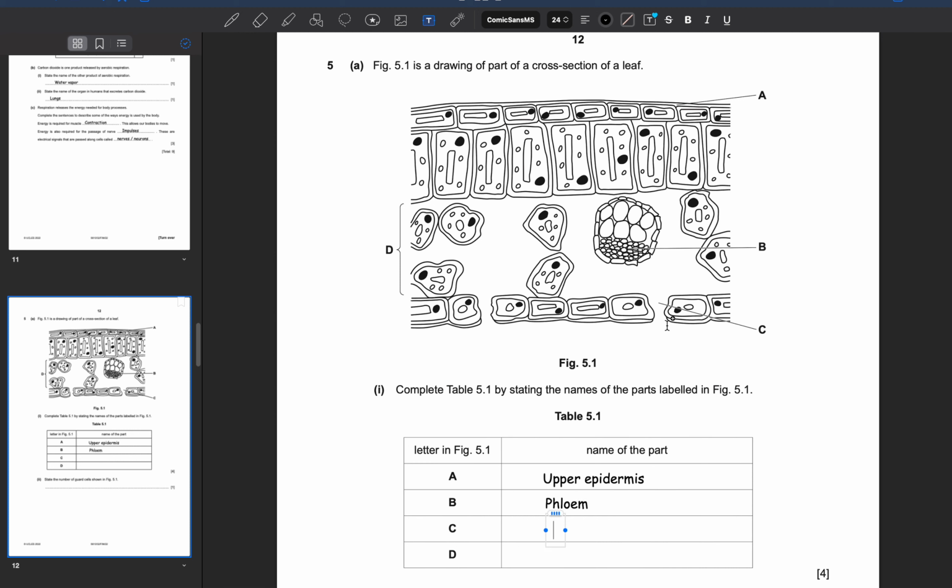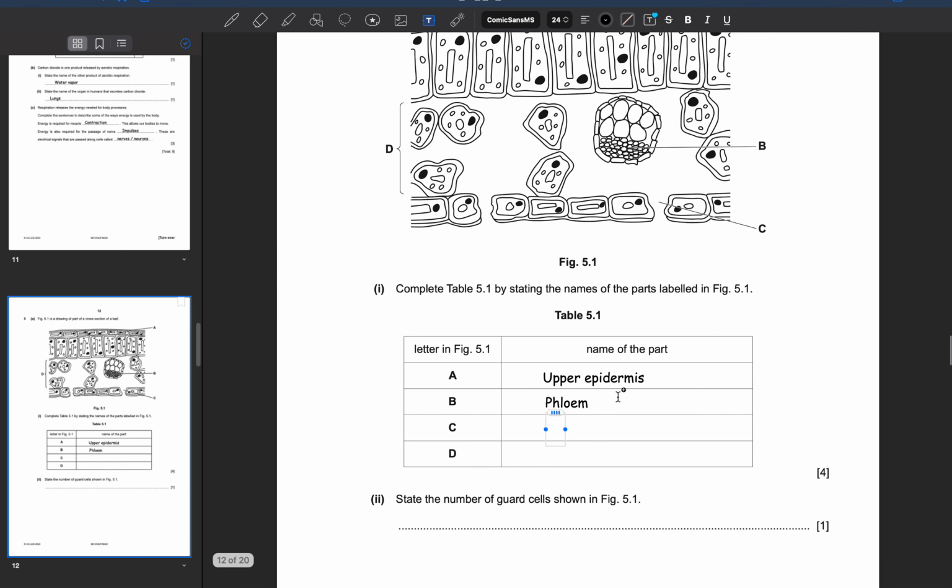C, be careful, here he is pointing at the opening in between the cells. Opening in the lower surface of the leaf, this is the stomata. D is the whole layer here, all of this layer.